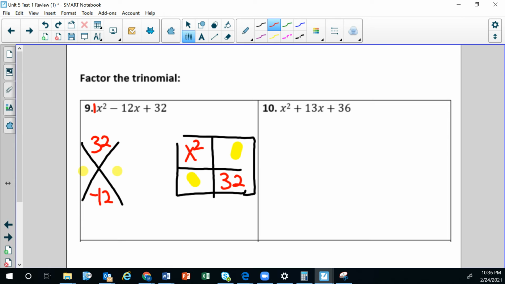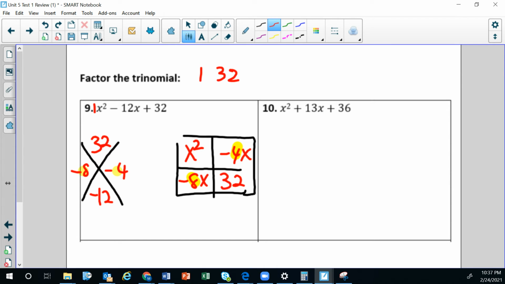All right. And if you're not sure, just list the factors of 32. I'm not going to do it here, but list all the factors of 32, 1 and 32, just keep on going down. And that's going to give you negative 8 and negative 4. So this is going to be negative 8x and negative 4x.